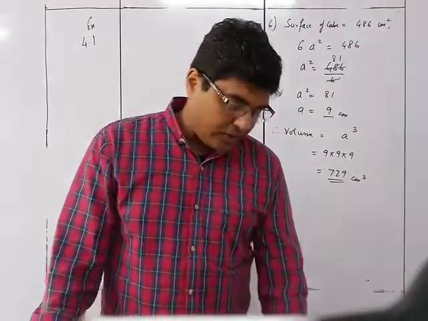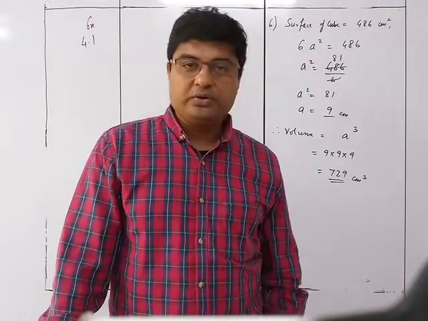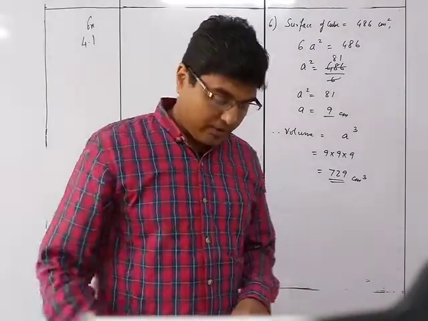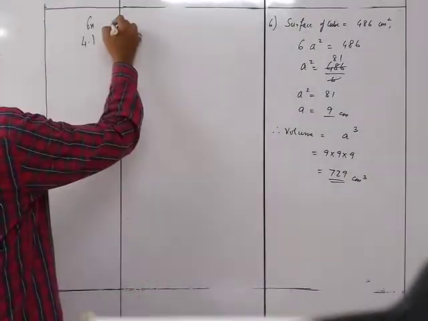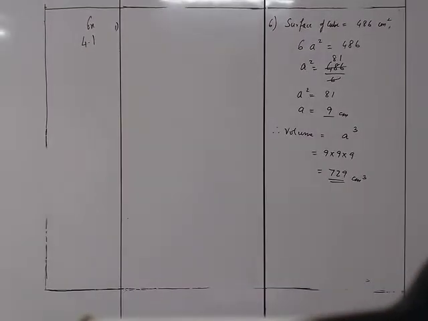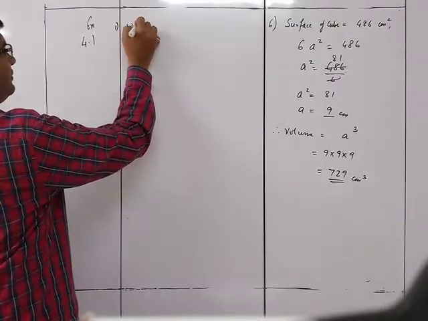Which of the following are the cubes of even numbers or odd natural numbers? Okay, you just need to find out whether it is odd or even. A very easy one. So you can just write over here. The first one over here is 125.